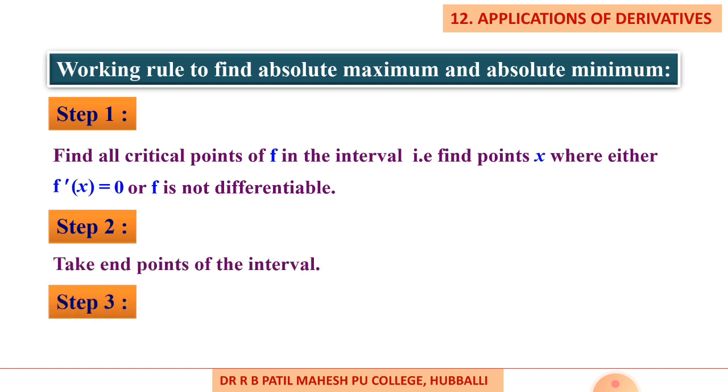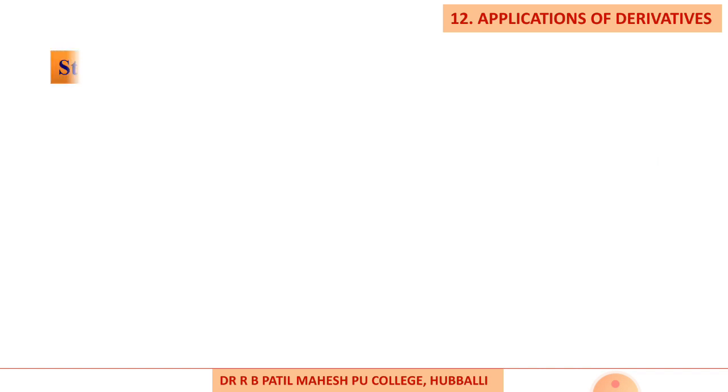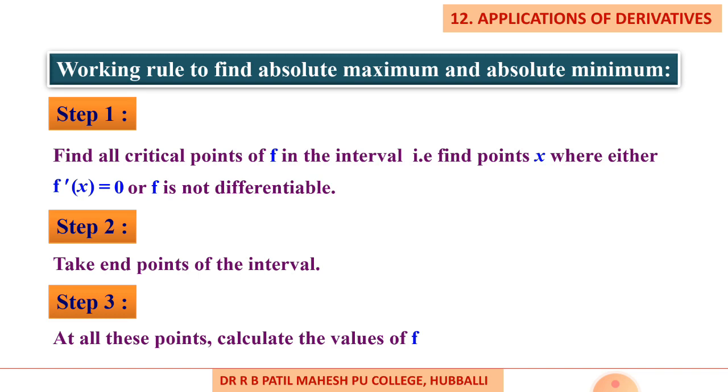Second step, you have to take the end points of that interval. Third step, at all these points calculate the values of f, that is for the critical points and then the end points of the interval.